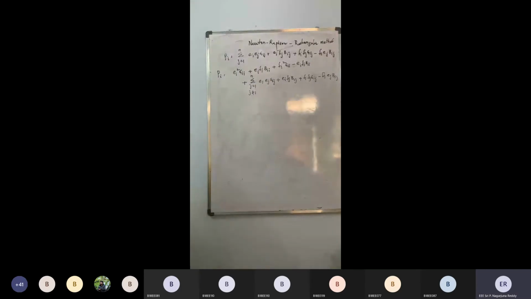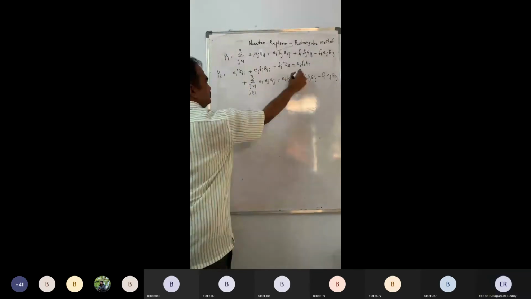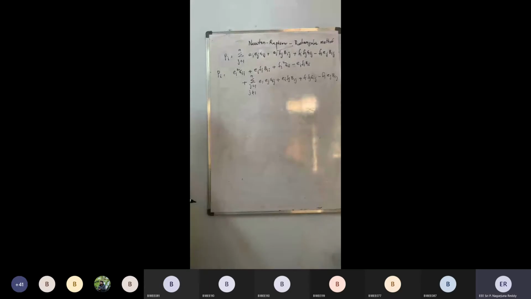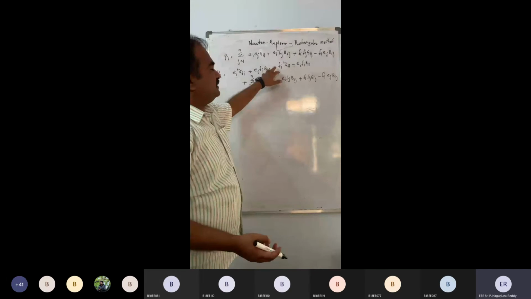This is the j equal to i term, and this is the j not equal to i term. Carefully see, these terms get eliminated here.